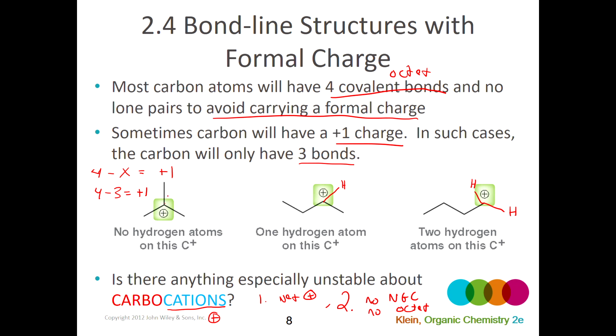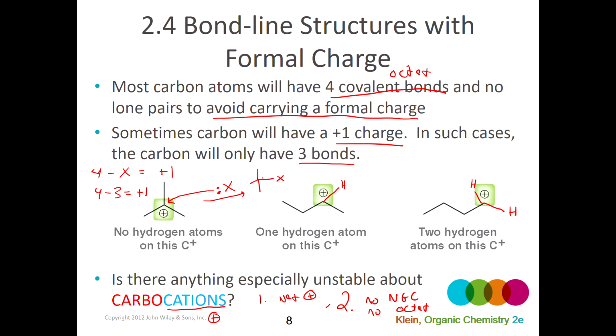There's an empty orbital in the 2nd energy level that's pretty close to the carbon's nucleus that would be really good at attracting electrons in there to complete the noble gas configuration. So the way we pretty much always see carbocations reacting or behaving in reactions is any other element that has a pair of electrons that could be shared will come in here and start sharing those electrons to produce that 4th bond.